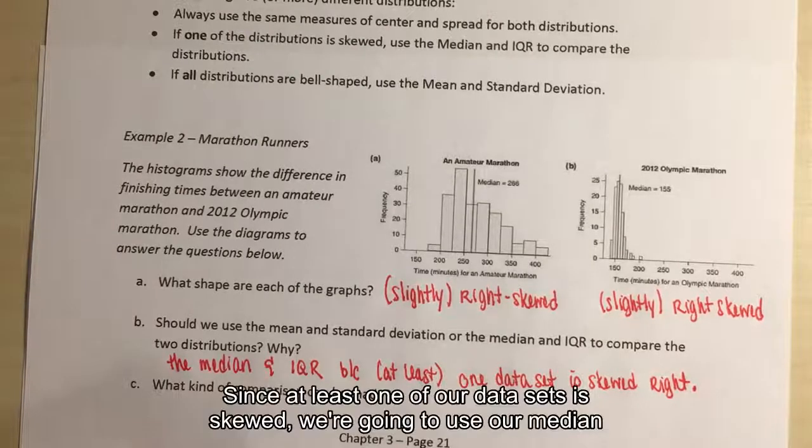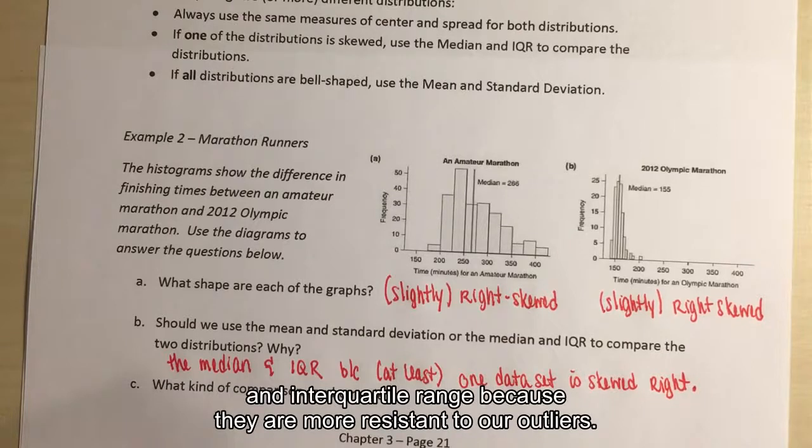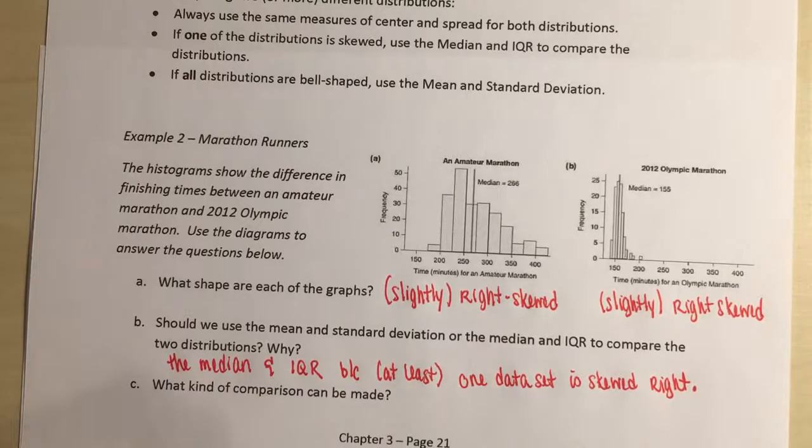Since at least one of our data sets is skewed, we're going to use our median and interquartile range because they are more resistant to outliers.